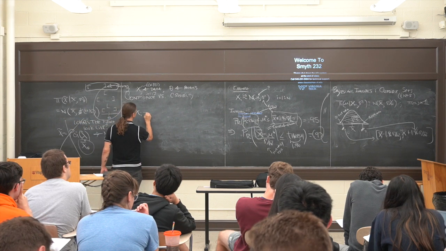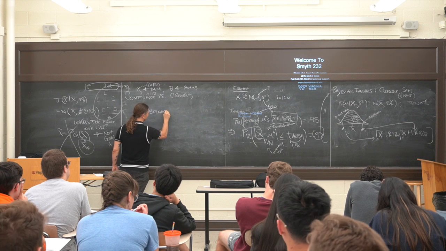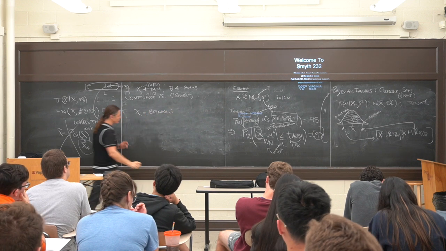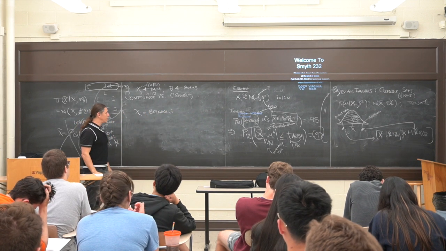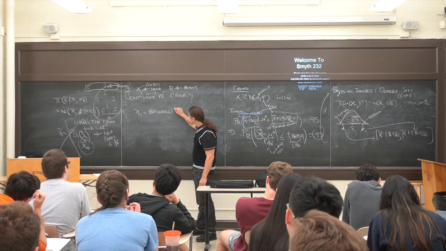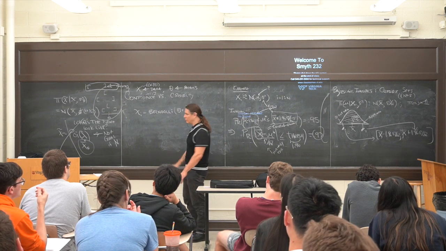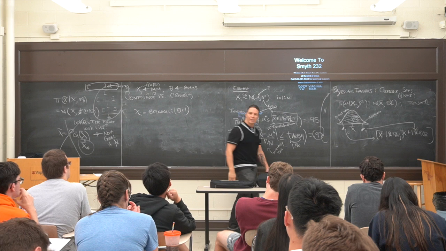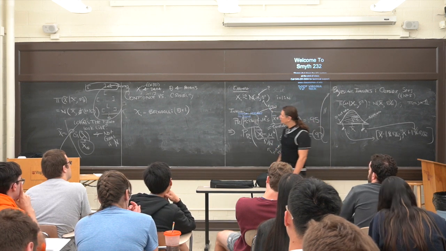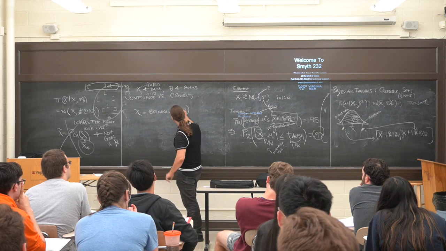Xi is going to be Bernoulli. So this is either going to be a 1 or a 0, and I'm going to have a parameter in here. I'm going to say this is theta plus 1. So I'm going to make this kind of weird. Actually, let me do this.